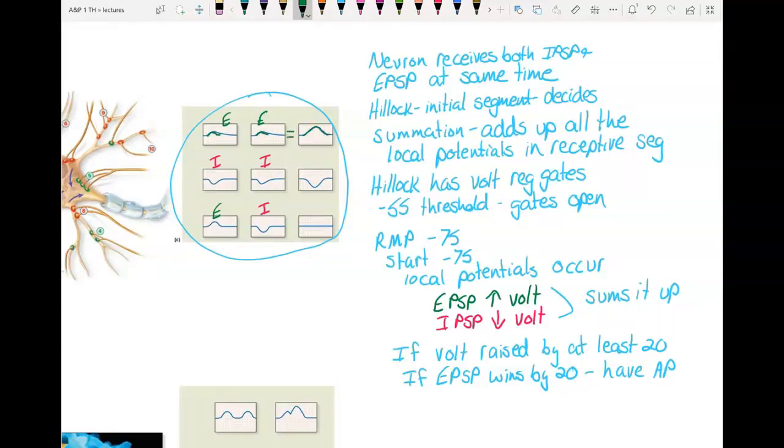They add up to make that bigger rise. Here you have a small decrease, a small decrease. They add up to make an even bigger decrease. Here you have a small increase plus a small decrease, and they cancel out. You have no change because they canceled each other out. That's the idea of summation.